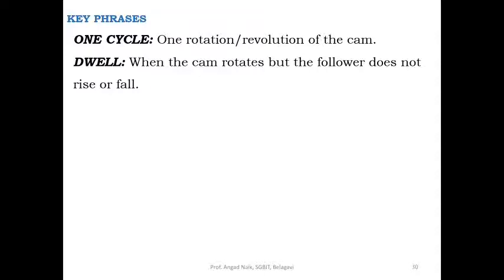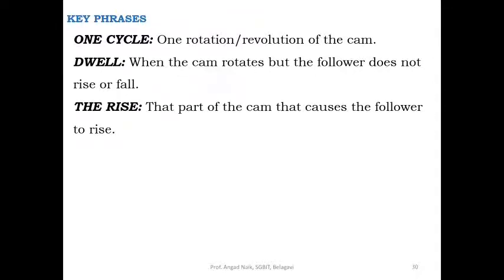So for a rotation of the cam, when there is no displacement occurring in the follower, then we call it dwell. Next one is the rise. When the motion of the cam makes the follower move up, it is called the rise.